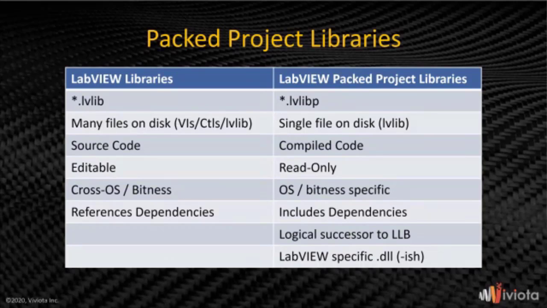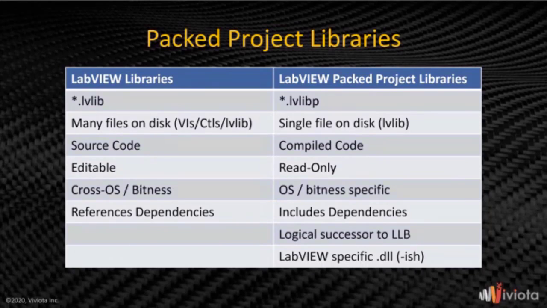The other thing that's kind of important about packed project libraries is how it deals with dependencies. So in regular libraries, it's just a reference to the dependency. So if you have something in vi.lib that you're calling, it'll reference that by the way that LabVIEW tends to reference things. Once you build a packed project library, all of those dependencies are included inside of the packed project library, except for two cases.